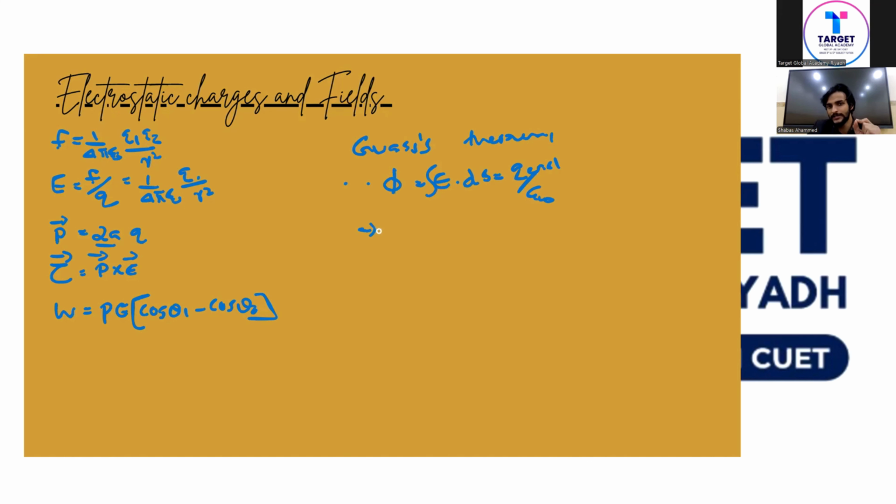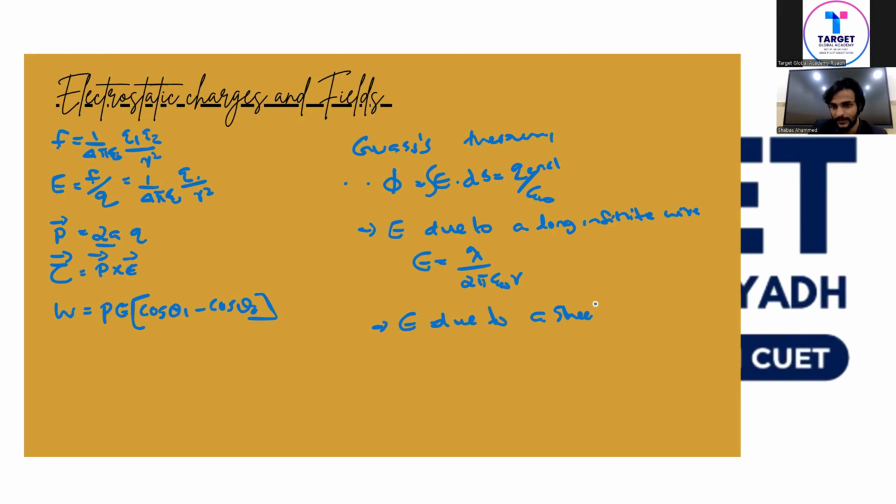Then by using this, we derive an equation for the electric field due to an infinitely long wire. That is, electric field is equal to lambda by 2 pi epsilon naught r. And similarly, we discussed the electric field due to a sheet. What is that expression?